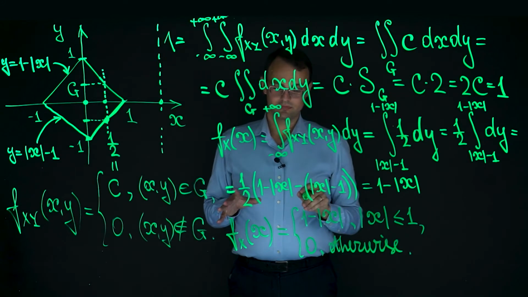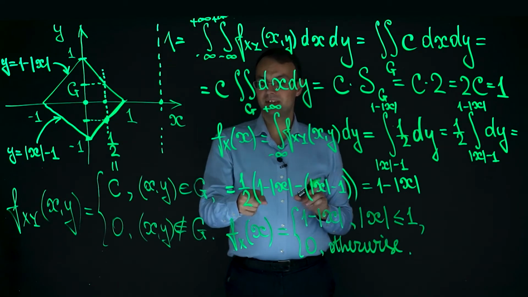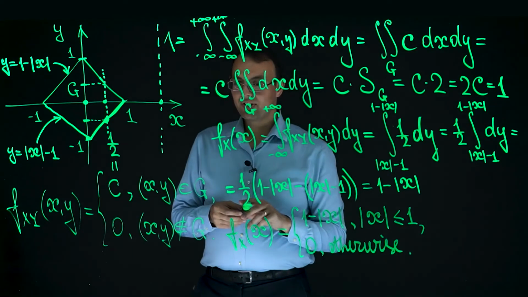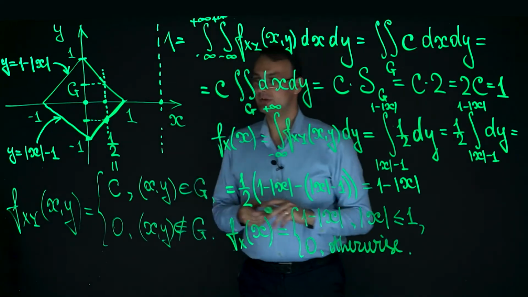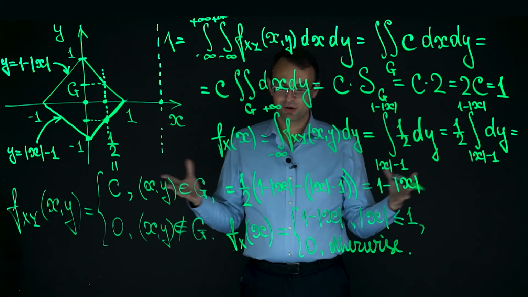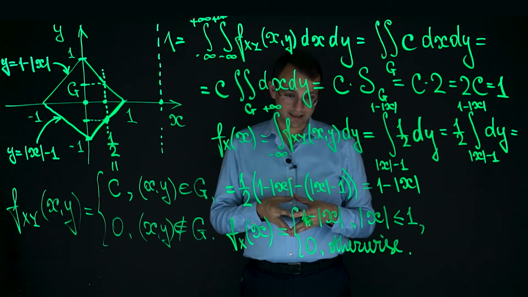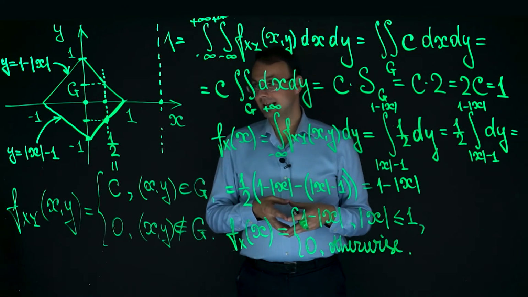So we have got the marginal PDF of x. One may think, oh, it's just half of our big work, so now we need to find a marginal PDF of y. But let's have a look.